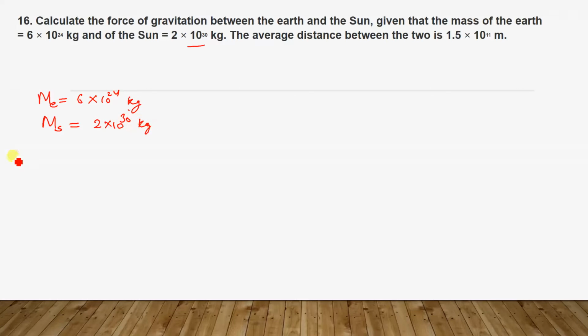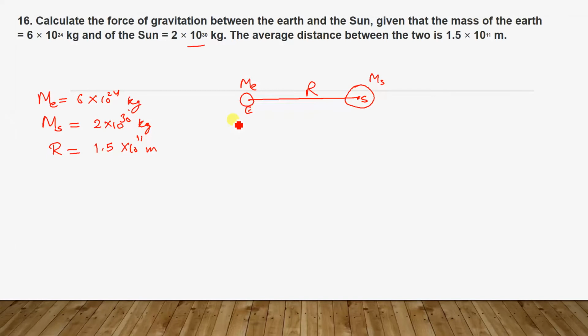Then average distance between them is 1.5 into 10 raised to power 11 meters, right? If this is Earth and this is Sun, then the distance between them, from the centers, this is R, this is mass of Earth, this is mass of Sun.